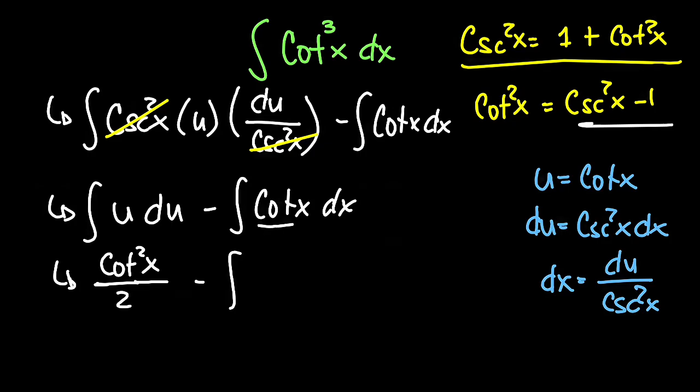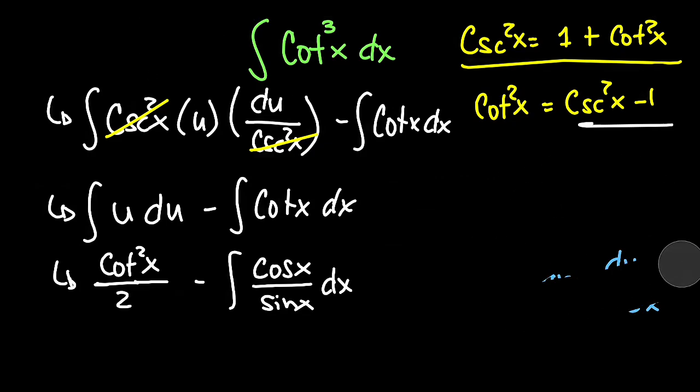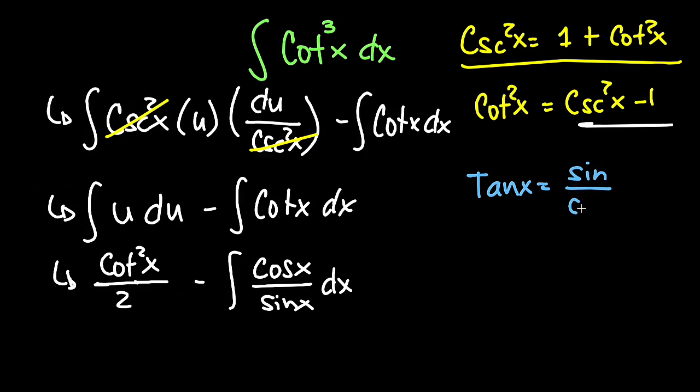Cotangent x would be equal to cosine of x over sine of x dx. Tangent of x is equal to sine over cosine of x.